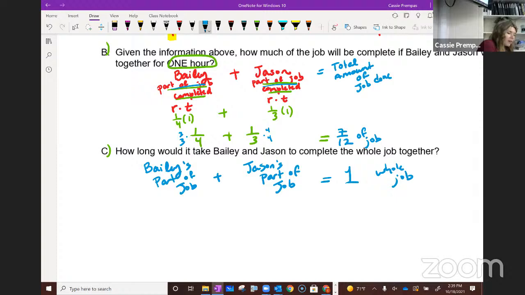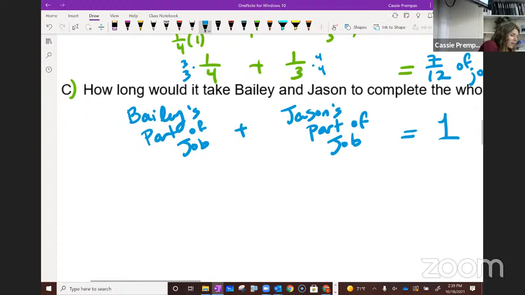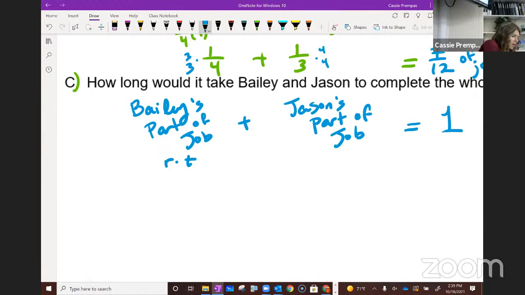Now, how do I figure out what Bailey's part of the job is? I need to take Bailey's rate times her time. How do I figure out how much Jason does of the job or what his part was? I take his rate times his time. And the nice thing, so I'm going to add these together, is now I know it has to equal 1 job.